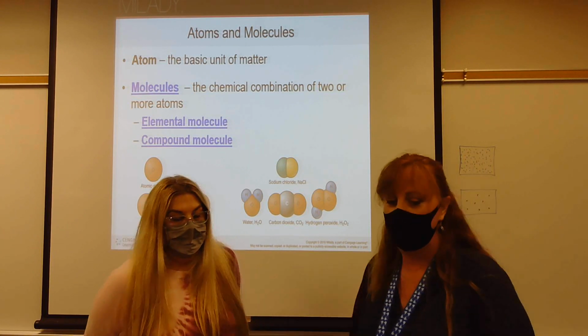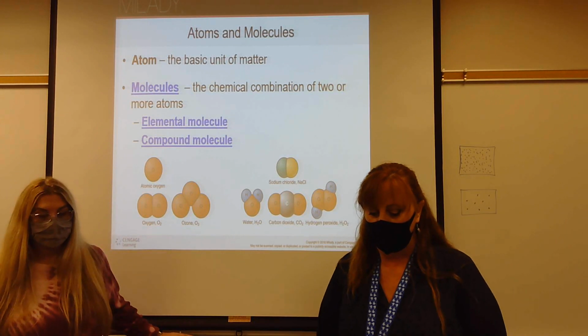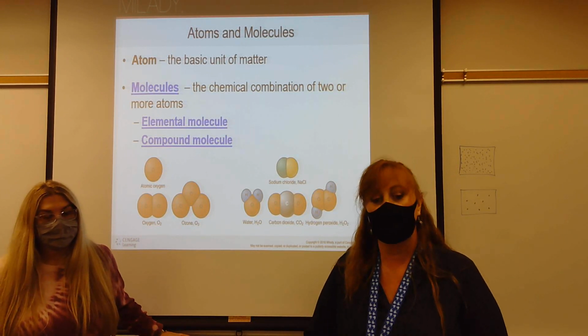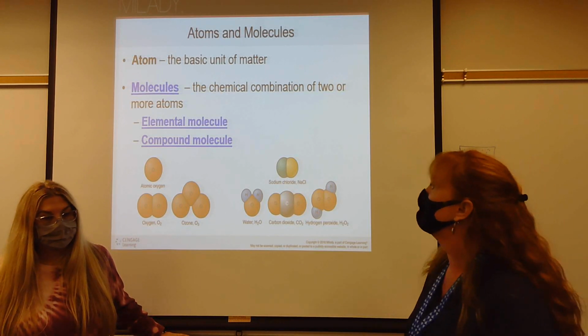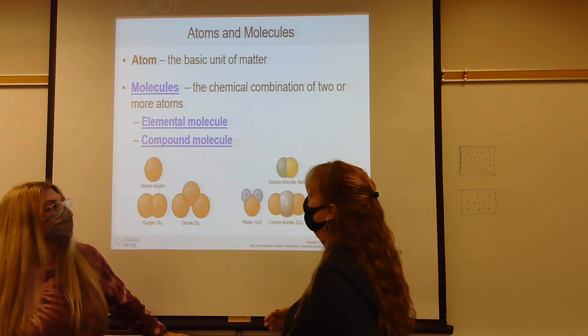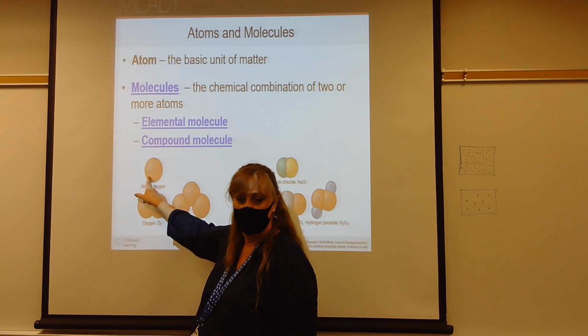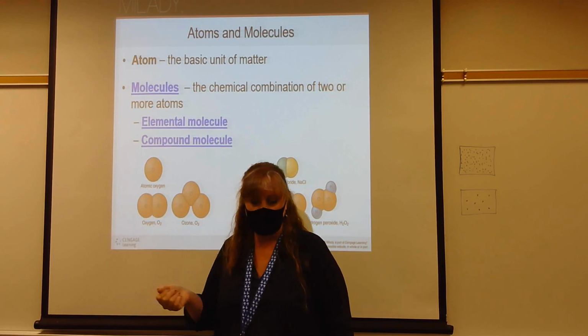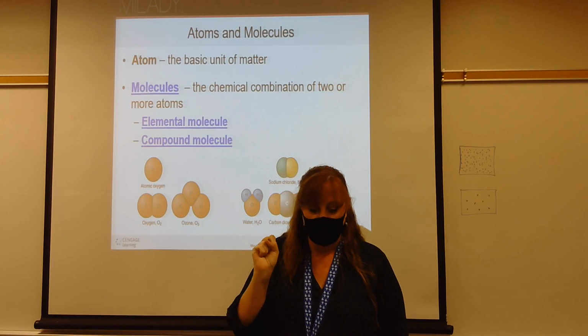The smallest form of an element is an atom. It's the basic unit of matter. So if I have atomic oxygen, that is one atom of oxygen. An atom is just very simple and small.